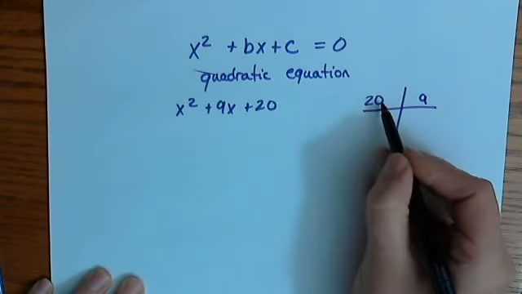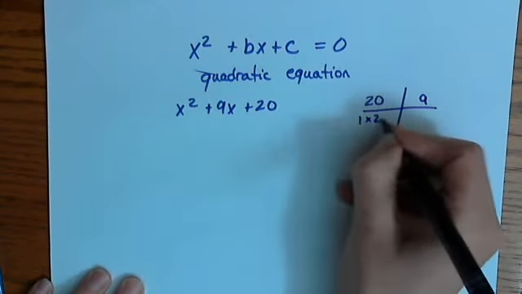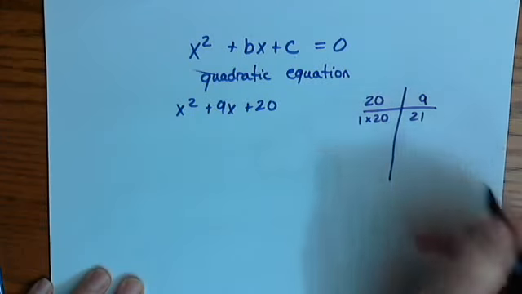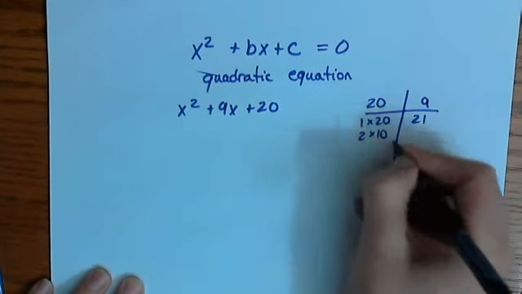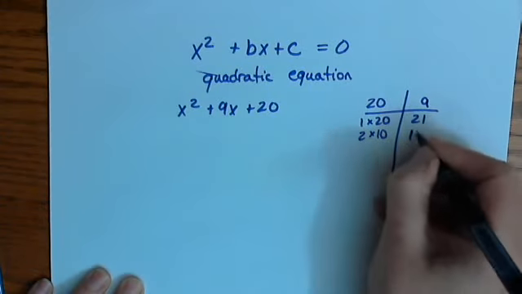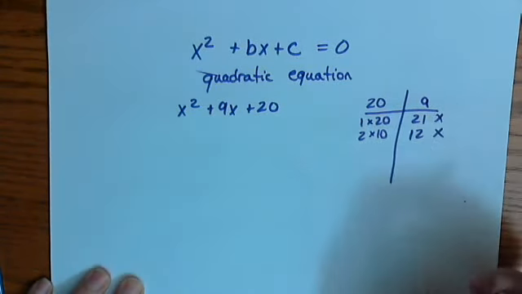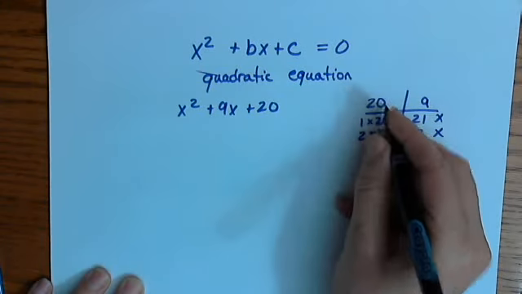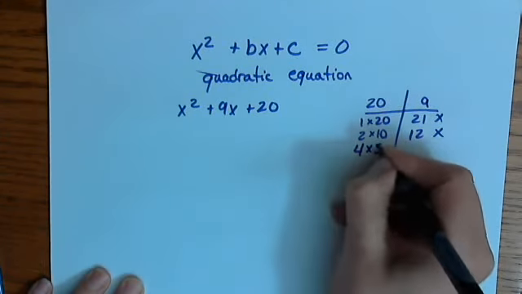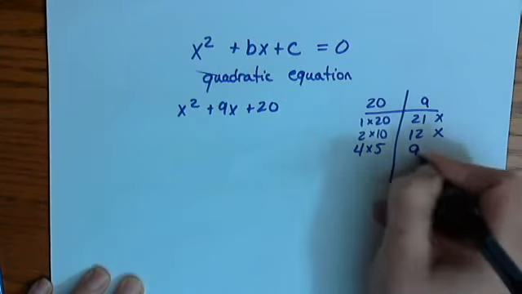What numbers multiply to 20? Well, we can say 1 times 20, but when I add that, I get 21. Or I could say 2 times 10, but when I add that, I get 12, so neither one of these are the things that I want. Or I could say, well, 3 doesn't multiply into 20, but I could say 4 times 5, and when I add these, I get 9.